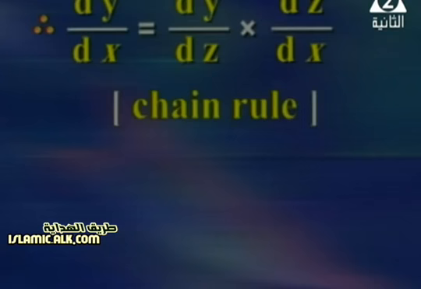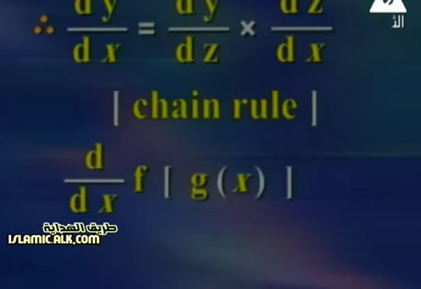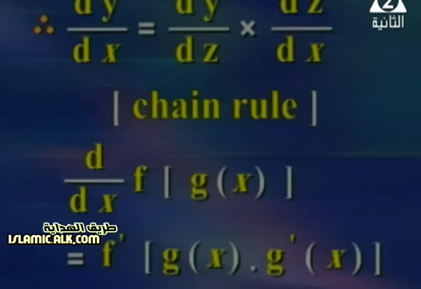When you find dy over dx, remember y is a function in z, and z is a function in x. First we find dy over dz, after that we multiply by dz over dx. This is the chain rule. d over dx of f of g of x equals f dash g of x times g dash x.